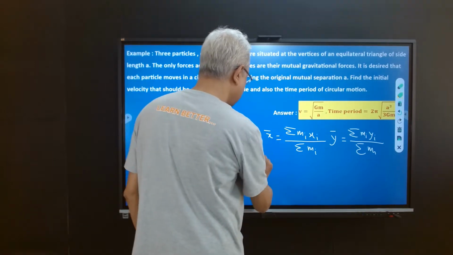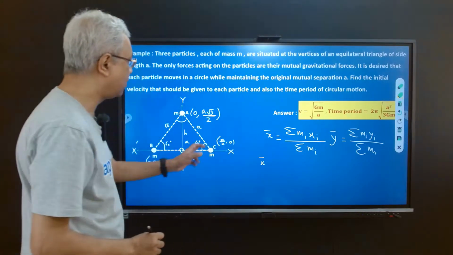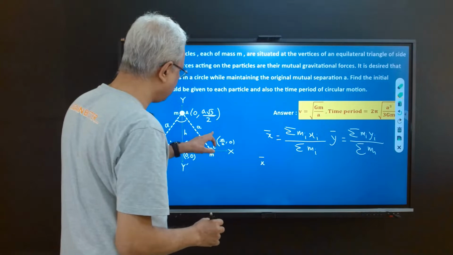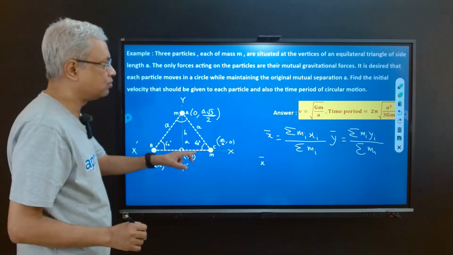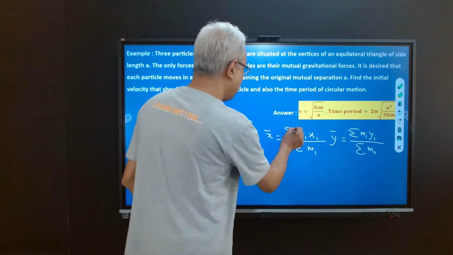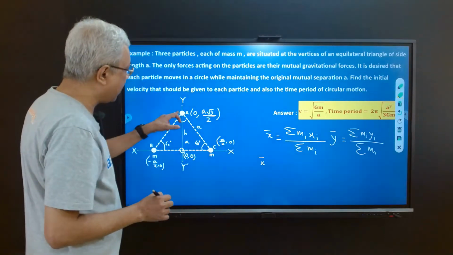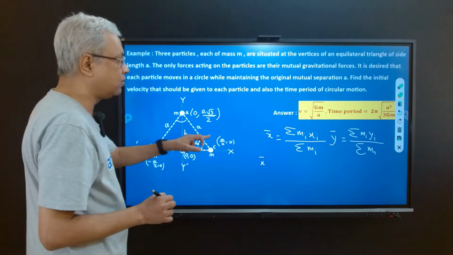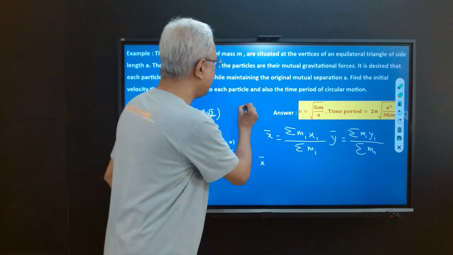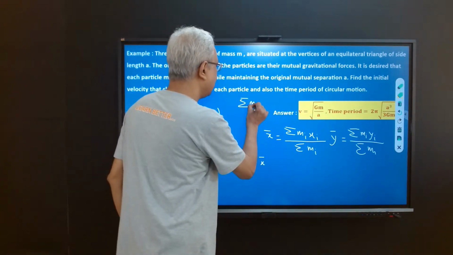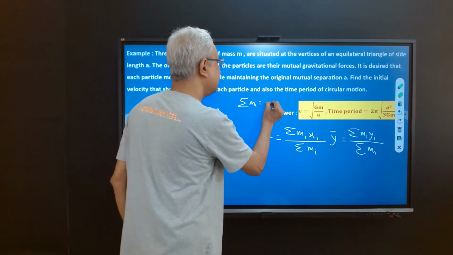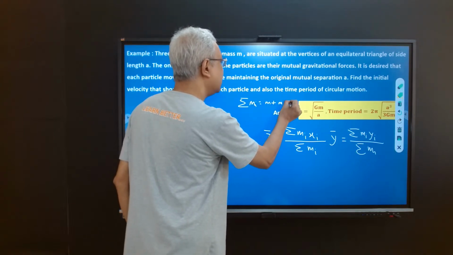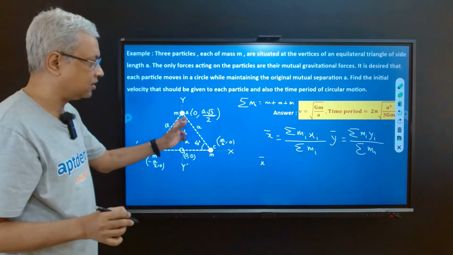So here in this case, because all masses are equal, it will be m into 0 plus m into a by 2 plus m into minus a by 2, divided by 3m, because sigma mi in our case is m plus m plus m. Only three masses are there in the system.